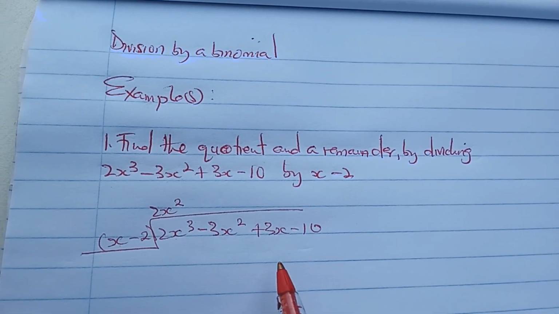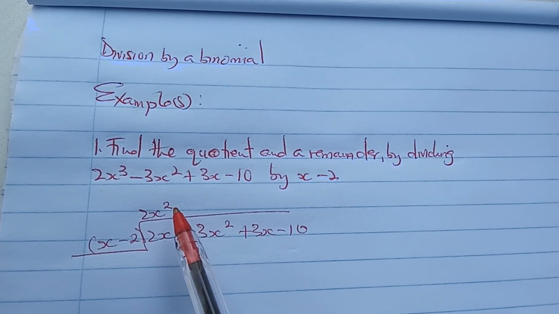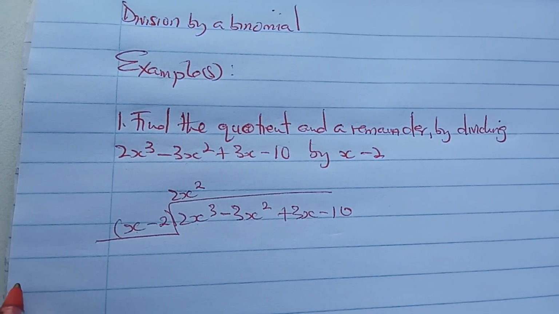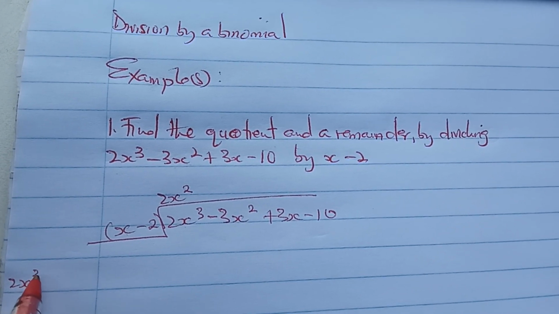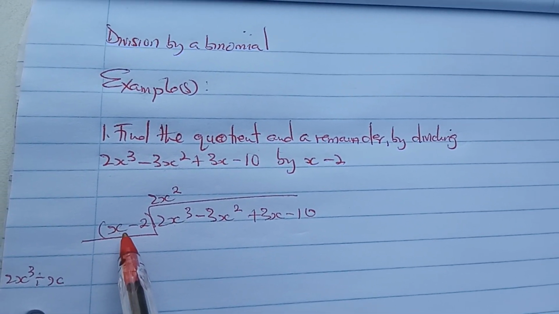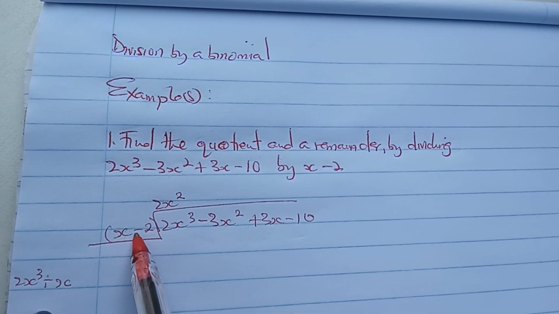Okay, so guys, I know some of you don't understand how we got 2x to the power of 2. In other ways, we can say 2x to the power of 3 divided by x, because we are dividing by the first term in the bracket.